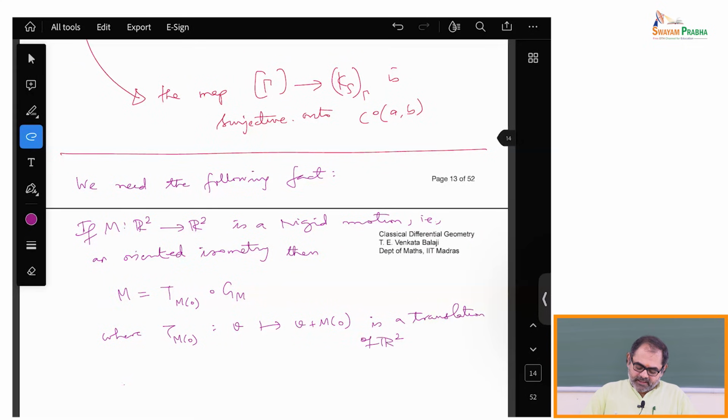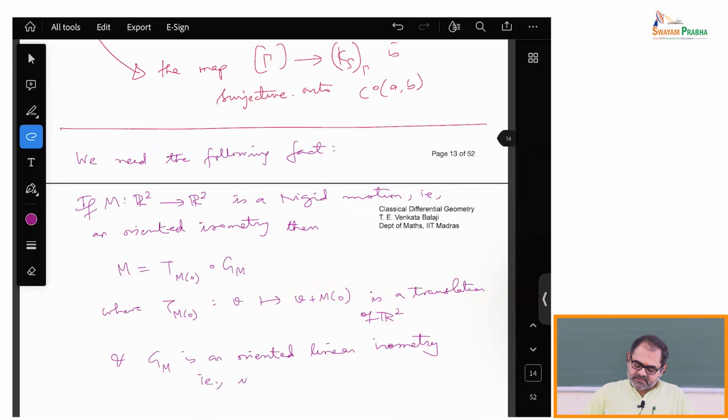And this GM is an oriented linear isometry, that is, its matrix is in SO2. If it's a linear isometry, its matrix will belong to the orthogonal group, and if it is oriented, it will belong to the special orthogonal group. That means it will have determinant 1.